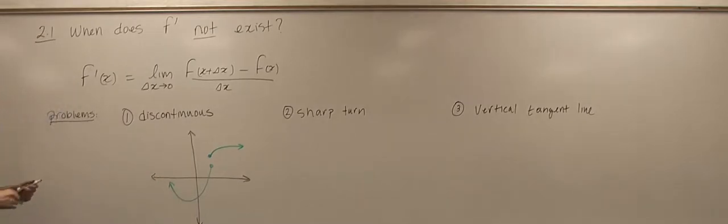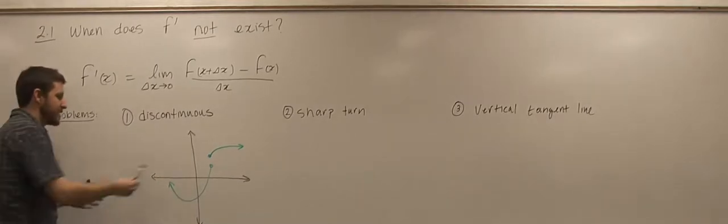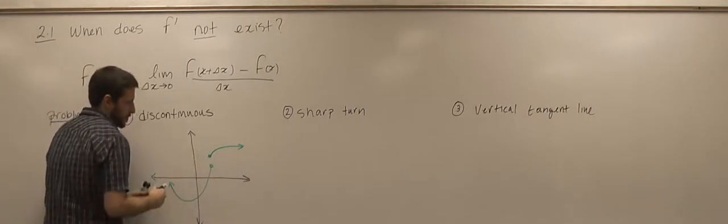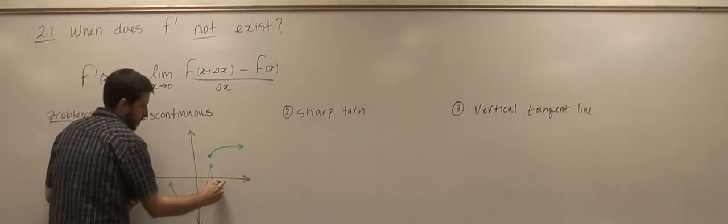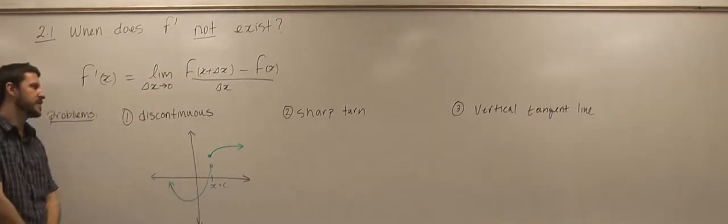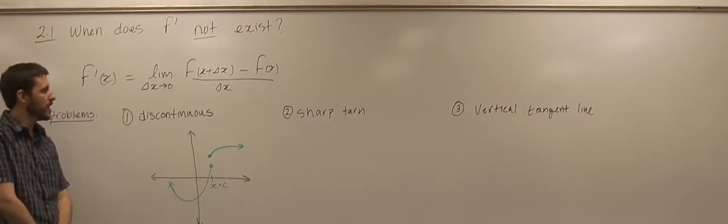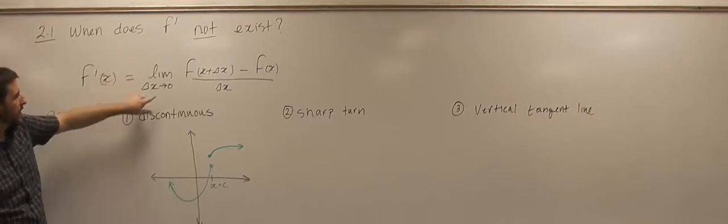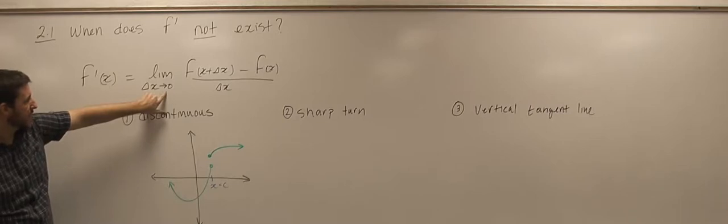And I want to decide whether the derivative exists at this x value here. Well, our interpretation of the derivative is that it's the slope of the tangent line. But in order for this limit to exist, it has to exist from each side, and those one-sided limits have to be the same.